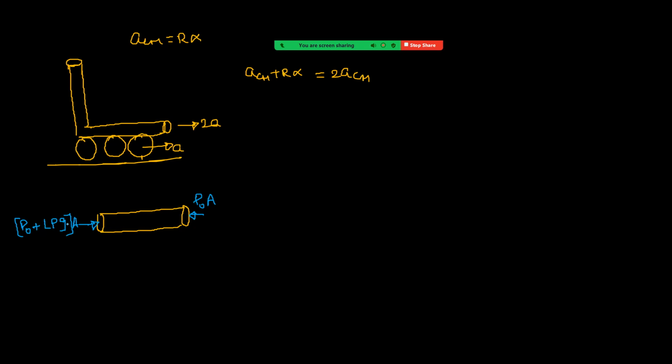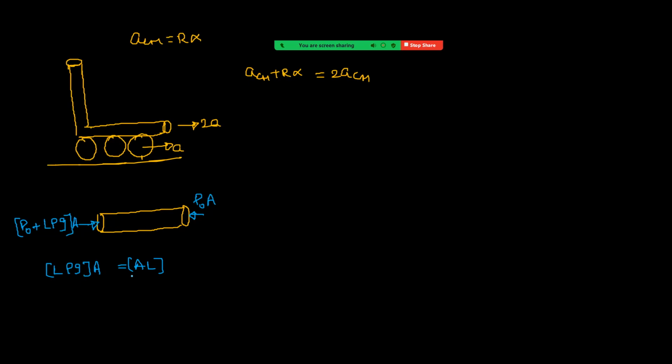Net value, P naught A gets cancelled. Remaining is now L rho G into A. This is net force. Net force equal to mass into acceleration. Mass of this part of the liquid, mass equal to A into L.